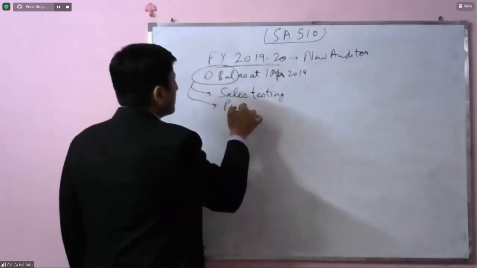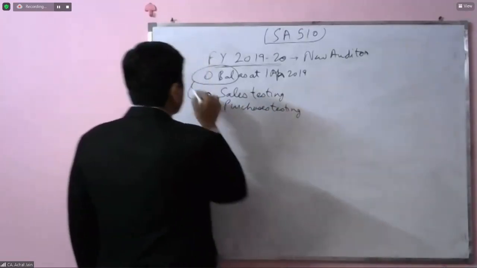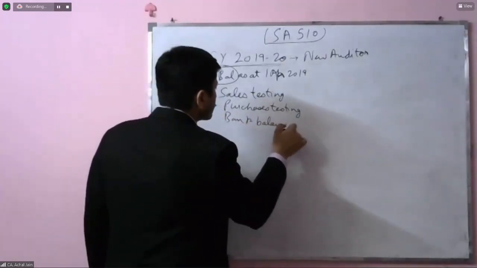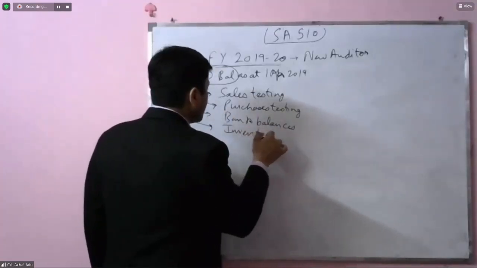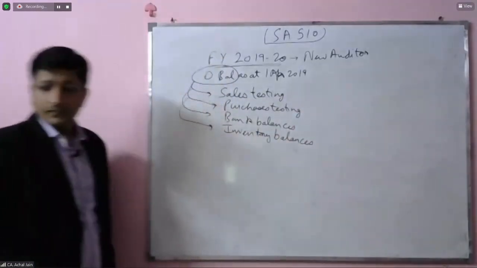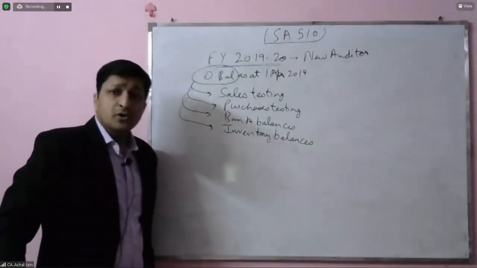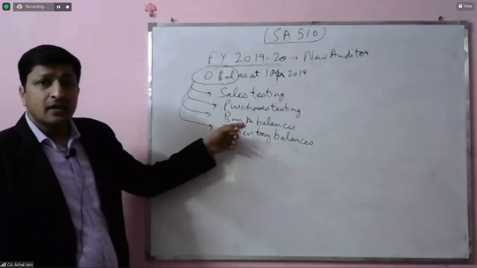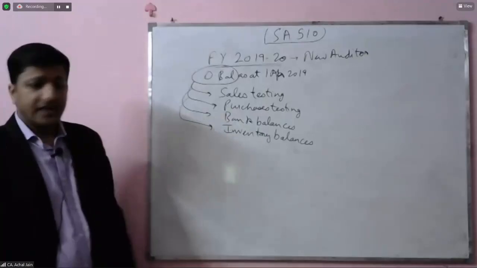For example, purchases testing, and which could be related to bank balances, and the fourth one could be related to inventory balances. All right. Now the new auditor wants to perform testing of balances of bank as well as inventory as at 1st April 2019.